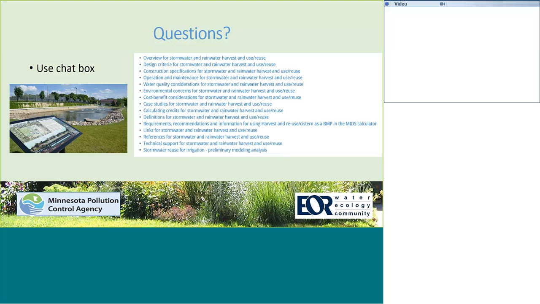Will the MIDS calculator account for the amount of water supplied by harvesting versus supplemented by city distribution systems? No, I don't think so. It's not explicitly built in. The way the design comes out, as you're looking at the design, you'll be able to tell when your tank goes empty and when you then need to be thinking about a backup water supply, if it's an irrigation use where you definitely need to have that water.